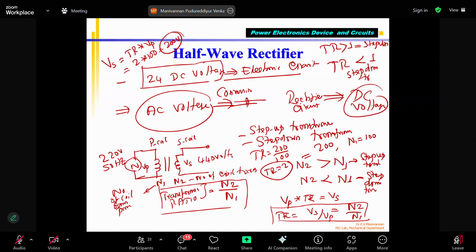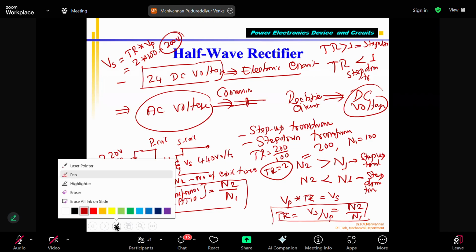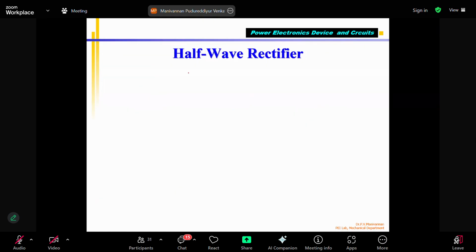Similarly, if we talk about a transformer with N2 equal to 50 and N1 equal to 100, the transformer ratio TR equals 50 divided by 100, because it is N2 divided by N1. So TR is going to be 0.5.